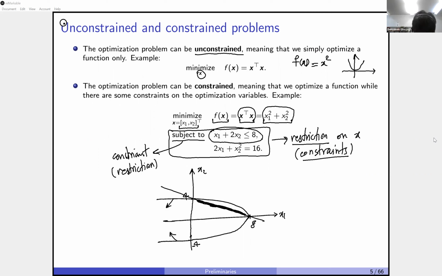This function is this line. I can tell you how I obtained this. So I put 0 for x1. What does it give me? x2 becomes 8 over 2, right? So here I say, well, if x1 is 0, 2x2, let it be this. Consider it as a line for now. x2 becomes 4. So it means when x1 is 0, x2 is 4 here.